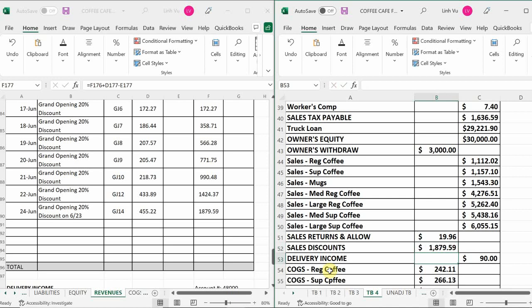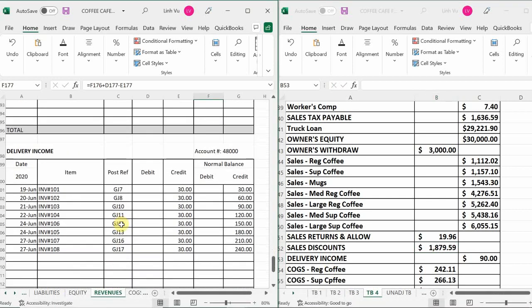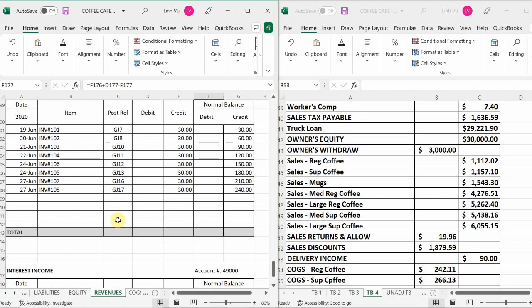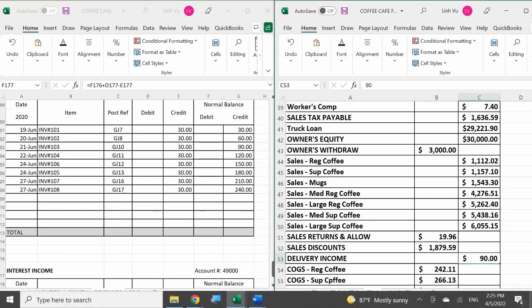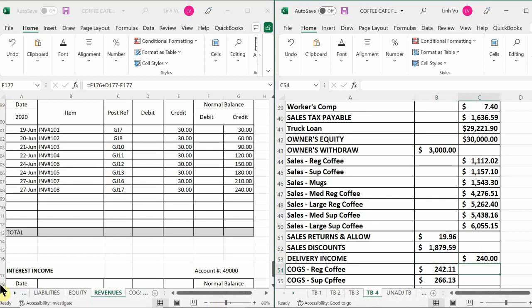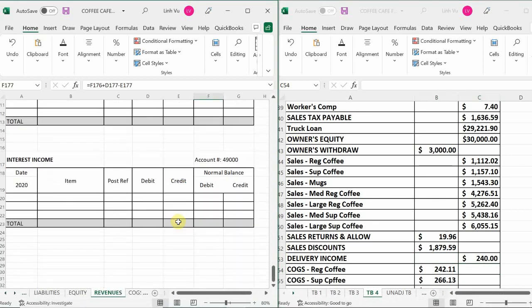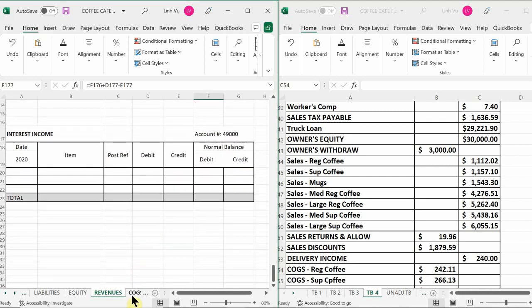Okay. Then we had some delivery income for $240. And then last but not least, we should have our interest income, so nothing there yet.